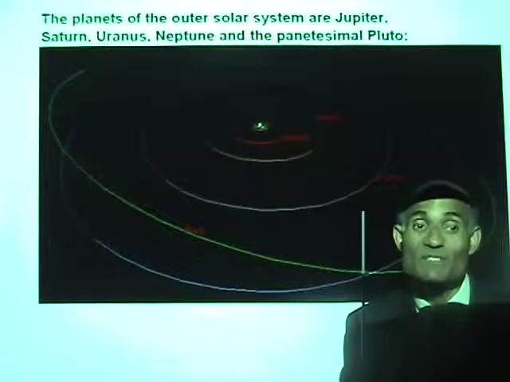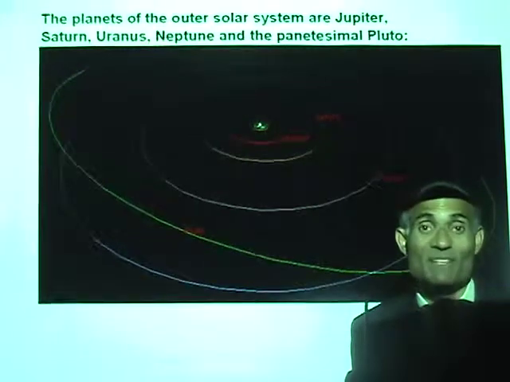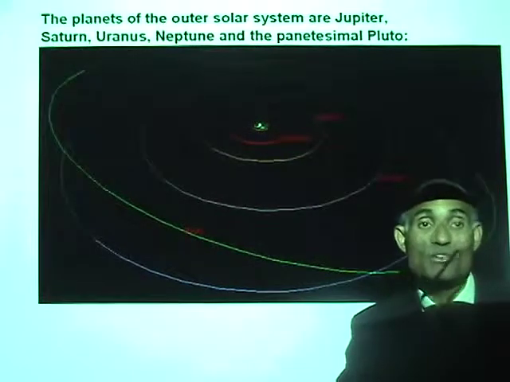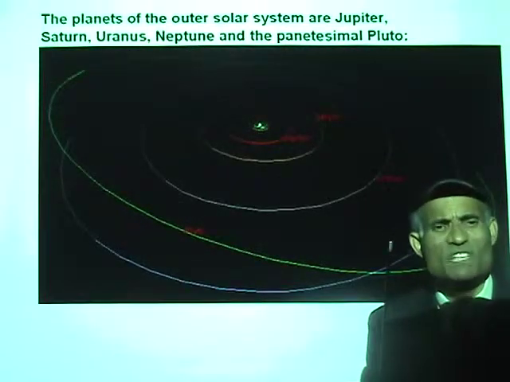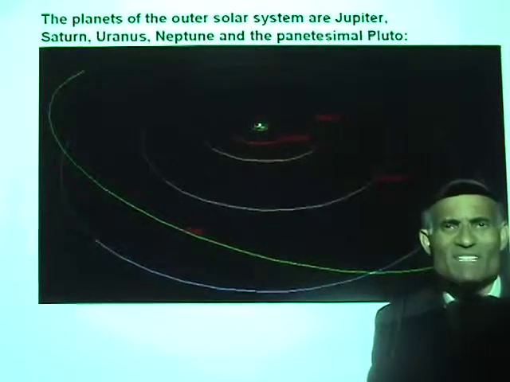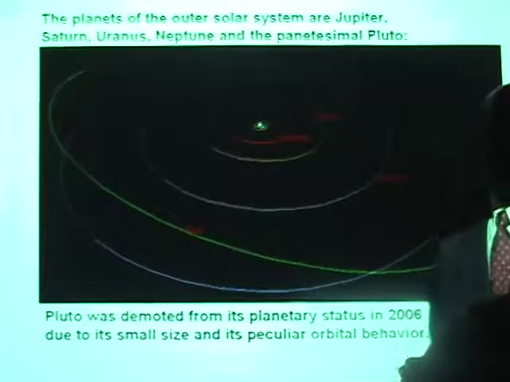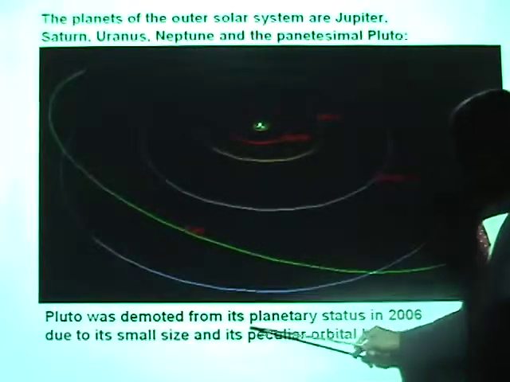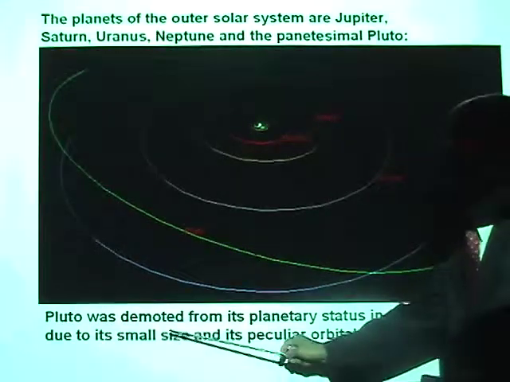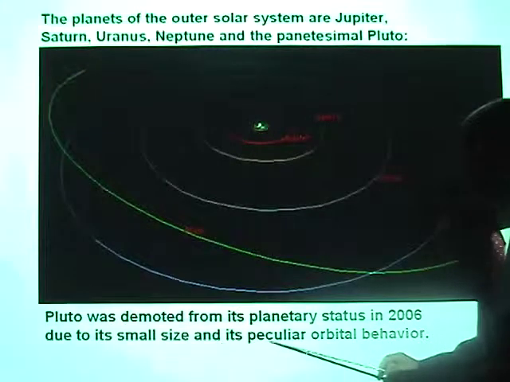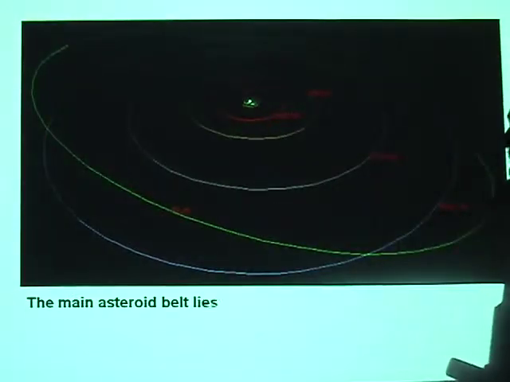Another reason is it is a very small body. It's actually smaller than our moon, a little bigger maybe. Pluto was demoted from its planetary status in 2006 due to its small size and its peculiar orbital behavior.